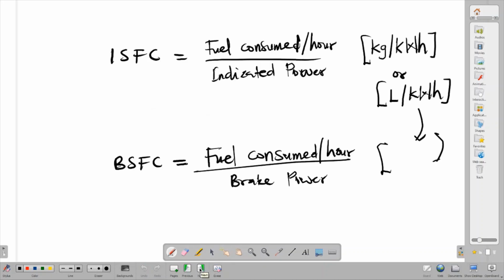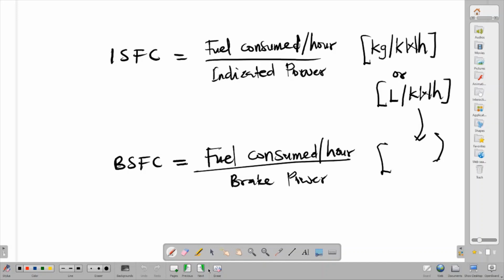I mentioned that the indicated and brake specific fuel consumptions are what engine designers consider in determining which engine consumes more fuel than the other.